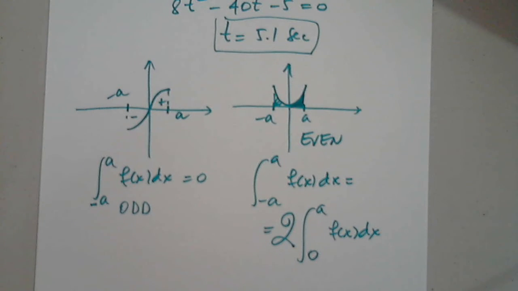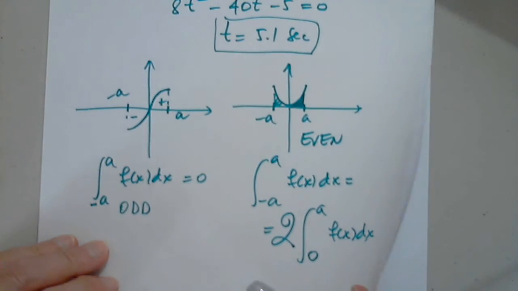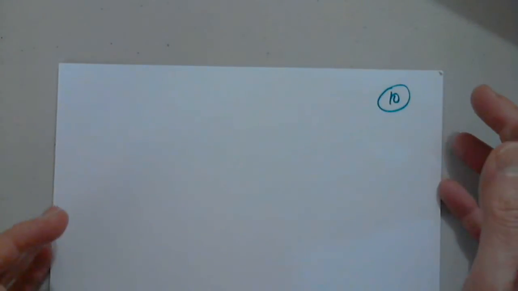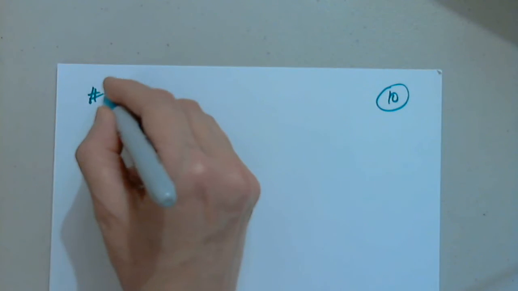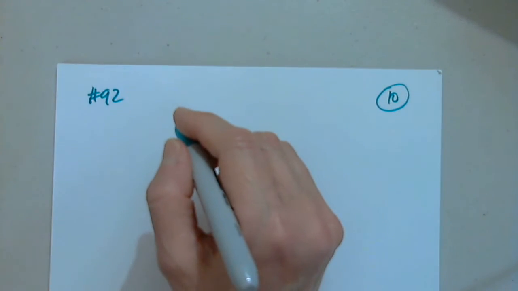Can we do 92? Yes, let's look at 92. Accumulated sales. I want you to have enough examples for homework and test 3. That's all I'm trying to do. Which page am I on? I'm on 10. Okay, so 92. I'll copy it and then stop sharing.